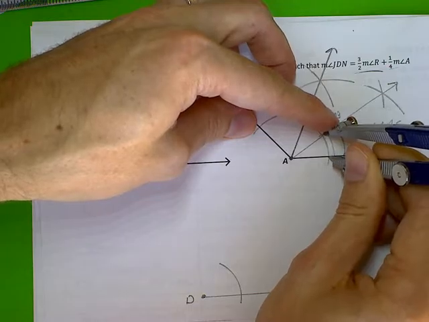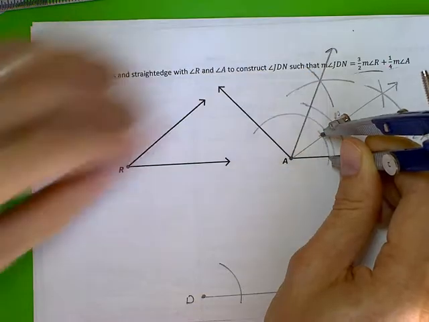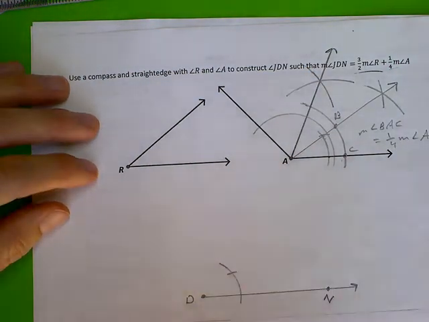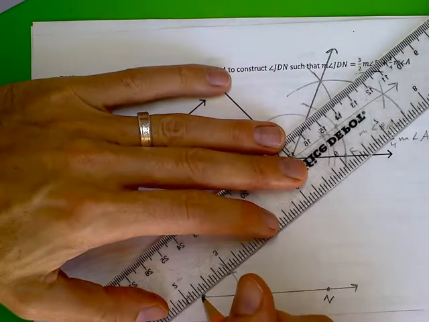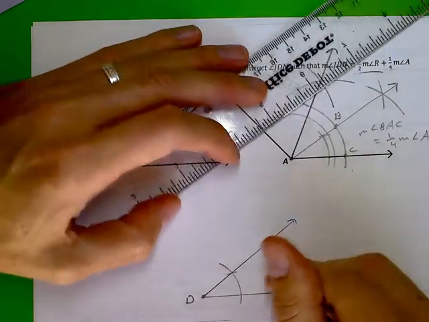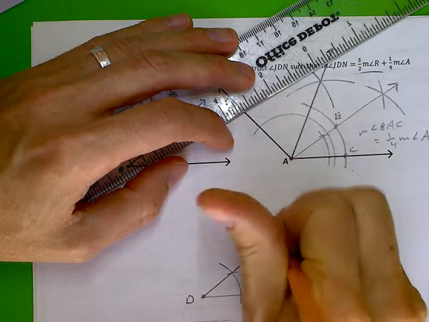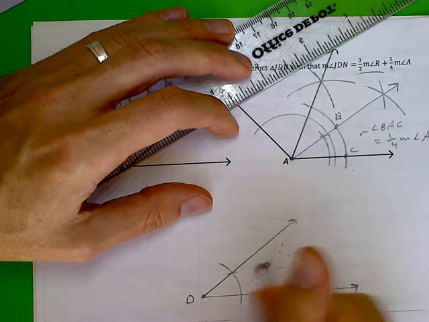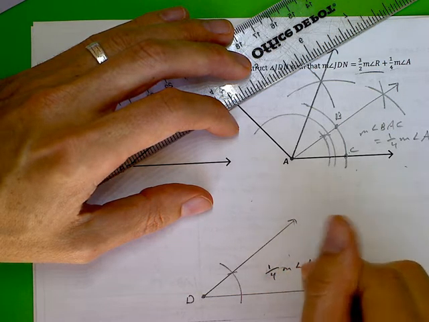I want to make sure I get an accurate reading here. And then that same width over here. Okay. So this right here is an angle that has measurements of, let me try this. I'll just say this angle right here is 1/4 the measure of angle.